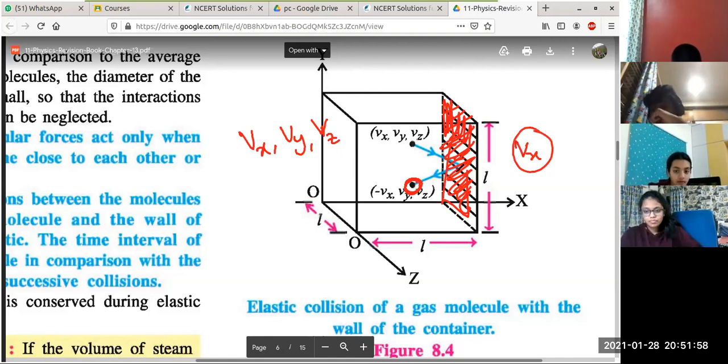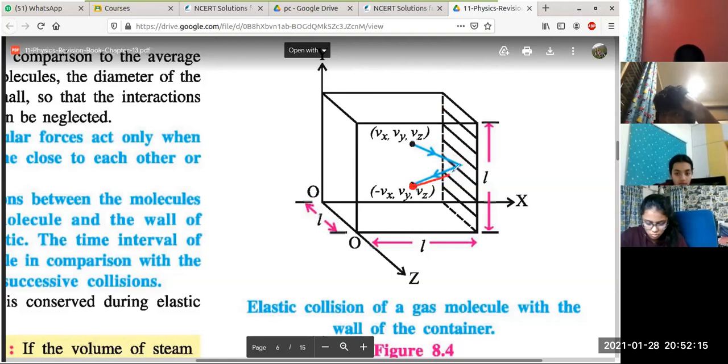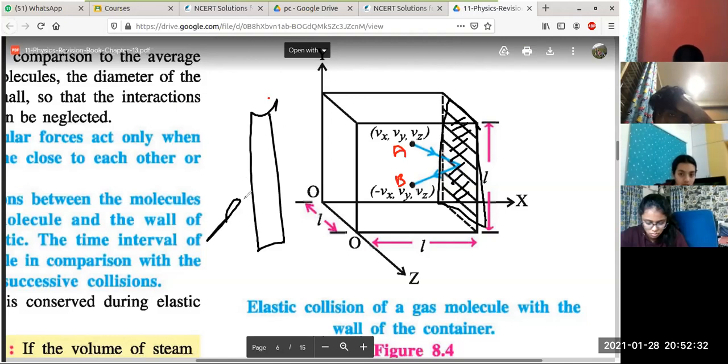ठीक है, सही है ना? See, what is the velocity of the molecule in x? It is vx. So it goes like this and then reflects like this, starts with A and then ends at B. If you want to find the momentum change on this plane, ऐसे questions होते हैं ना, ball wall पे आई, ball ऐसे आई, right?